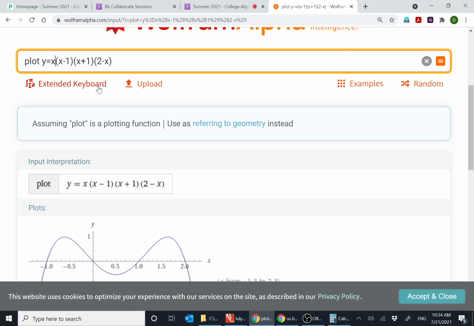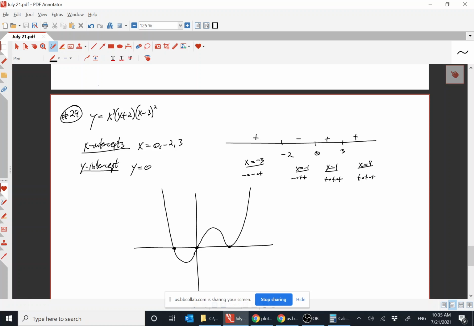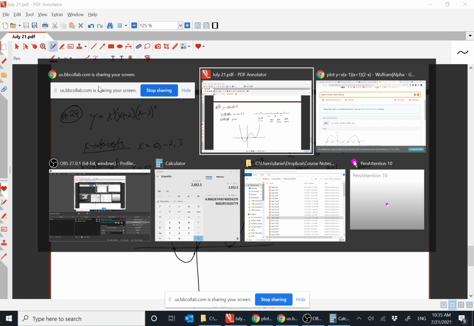So it was x to the third, x plus 2, x minus 3 squared.